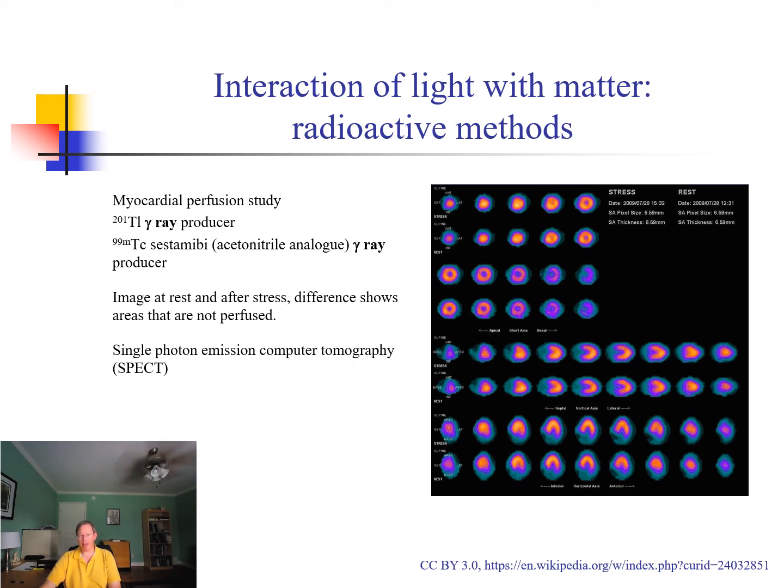We can use a thallium isotope, thallium-201, which is a gamma ray producer, or a technetium metastable acetonitrile analog, sestamibi, and that's also a gamma ray producer. When I do these, I can look for differences in the way this is imaged. These are false colors to give me intensities of that radiation that's given off.